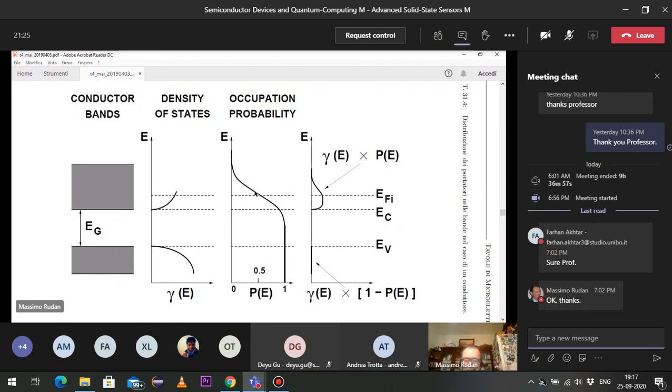So the students move inside the room, but the total number of students does not change in the same room. If the total number of electrons of the conduction band does not change, the concentration also does not change. So the concentration of the electrons of the conduction band in a conductor does not change when we change the temperature.